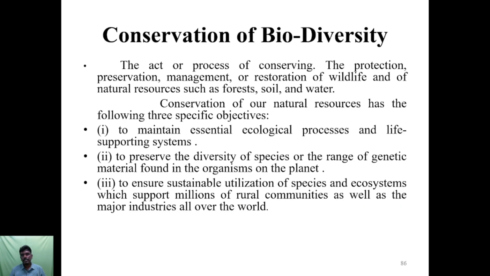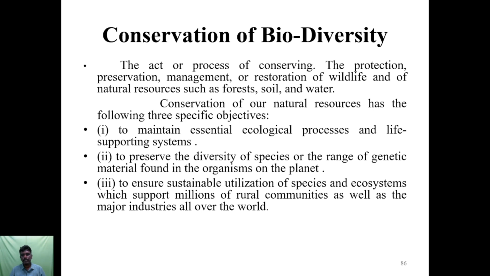Then conservation of biodiversity. It is the protection, preservation, management and restoration of wildlife and of natural resources such as forest, soil and water. Conservation of our natural resources has the following 3 specific objectives.